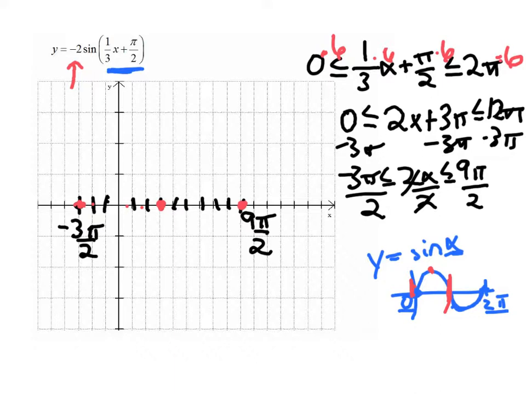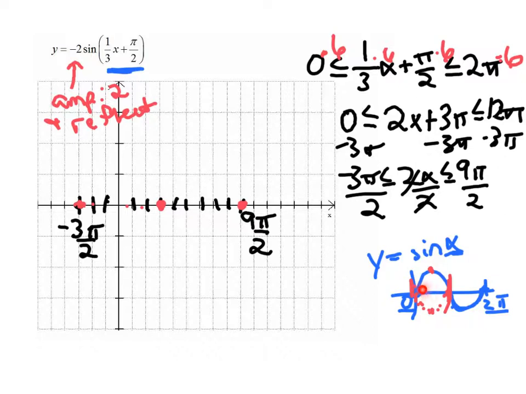The 2 is going to make the amplitude 2, and that's probably the one that's more obvious to you. The negative is going to reflect the graph. So instead of going up to its maximum in the first half, the graph is going to go down to its minimum. And because the amplitude is 2, it's going to go down to negative 2.